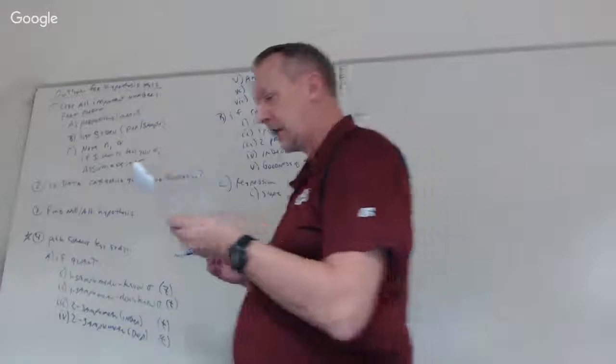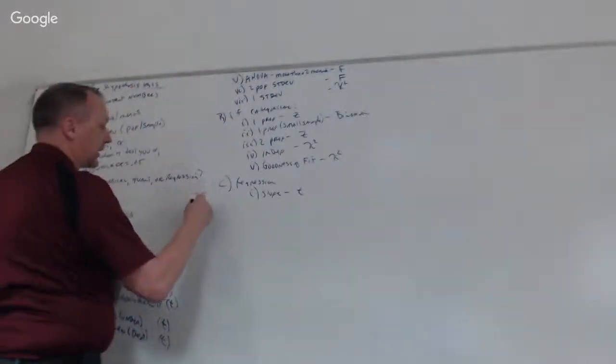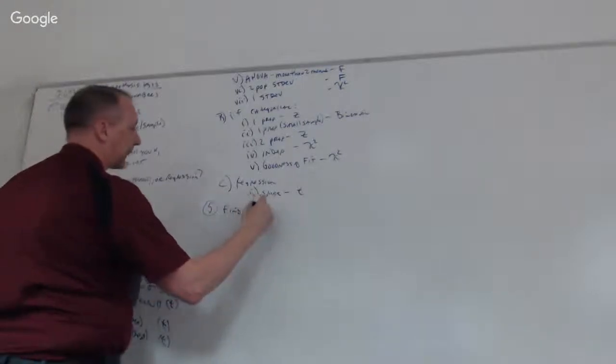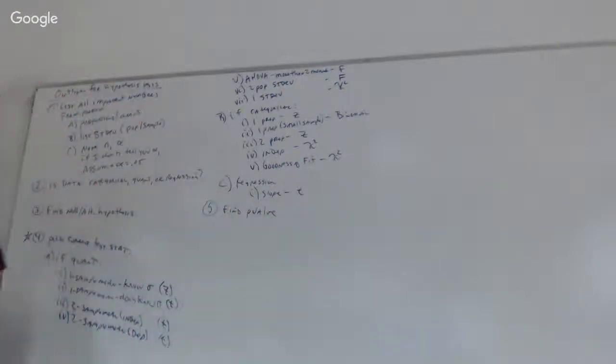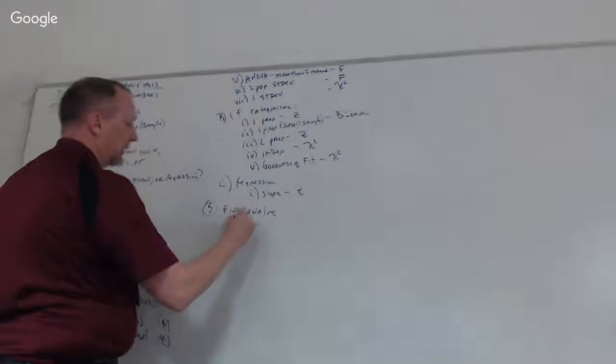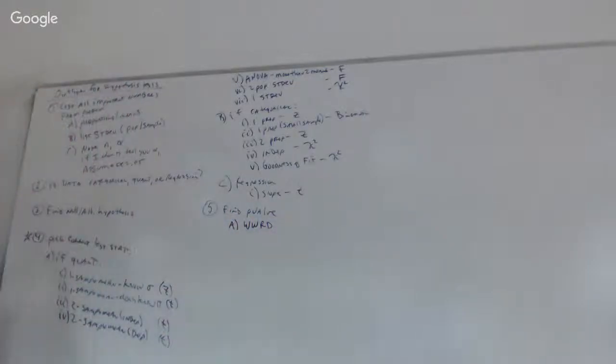All right. So now step number 5 is to find the p-value. And as a hint here, first of all, what would Rick do? Draw a picture.